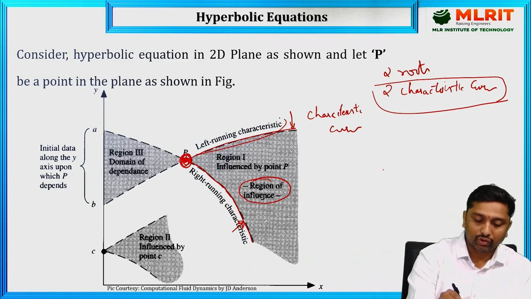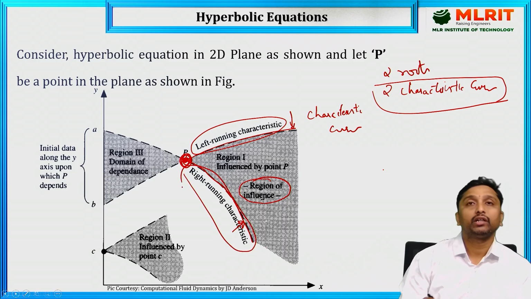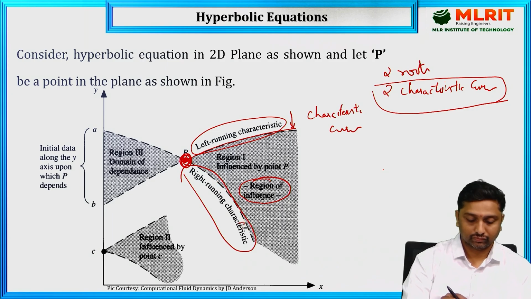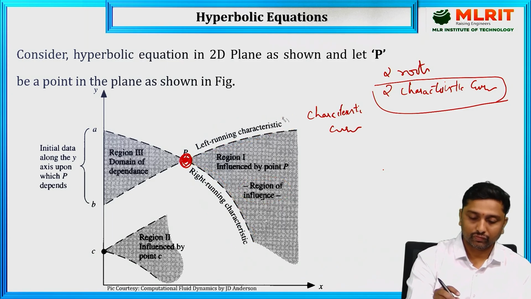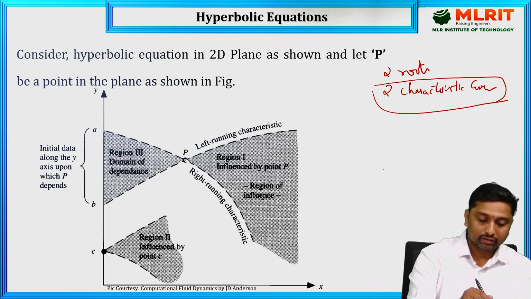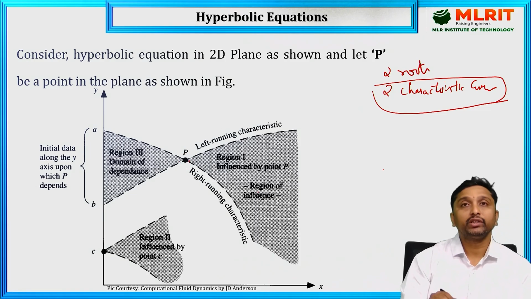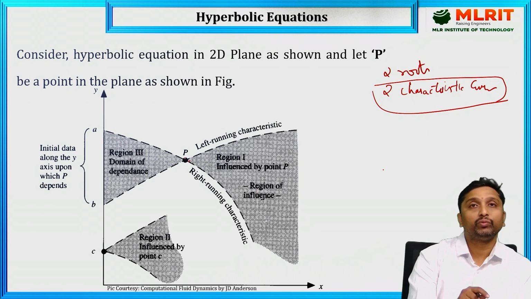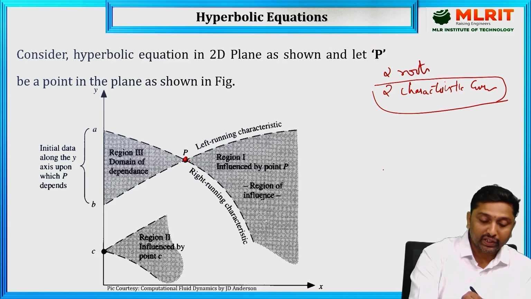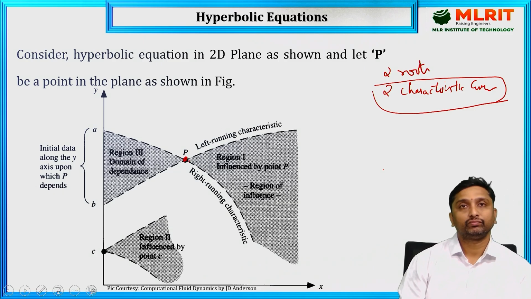The left side we call the left running characteristic curve, and the right side we call the right running characteristic curve. Now, as I said, the region of influence is the region where the effect of the disturbance at P is felt. But how will P be influenced?